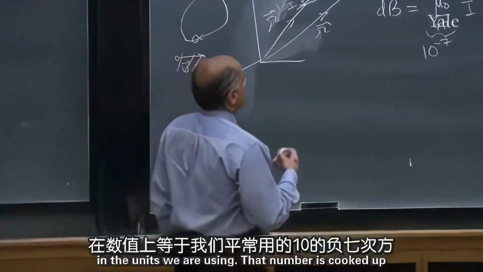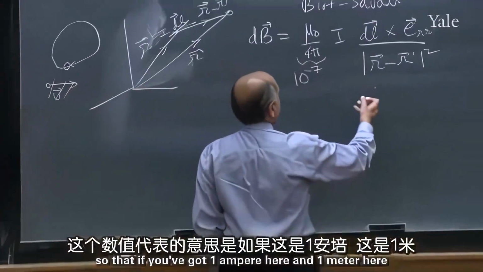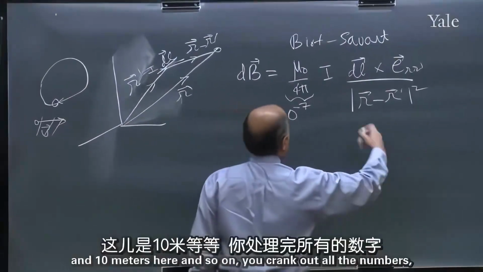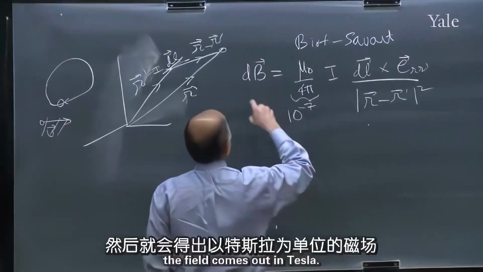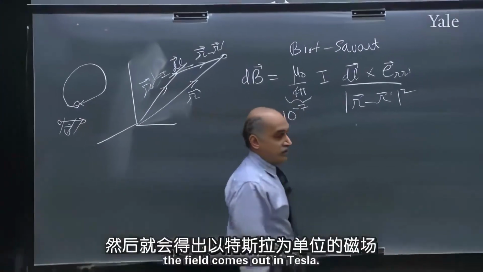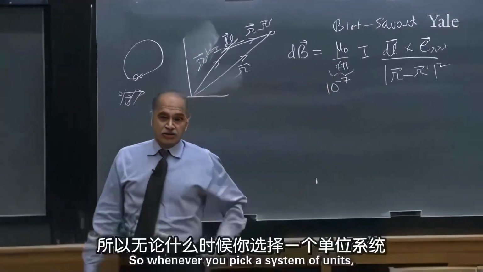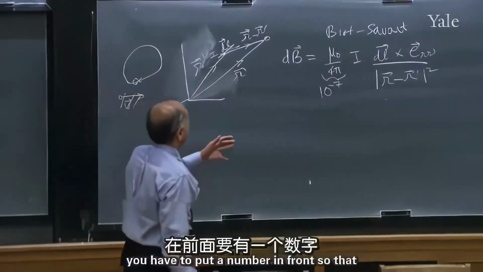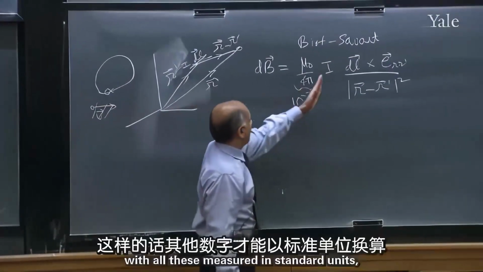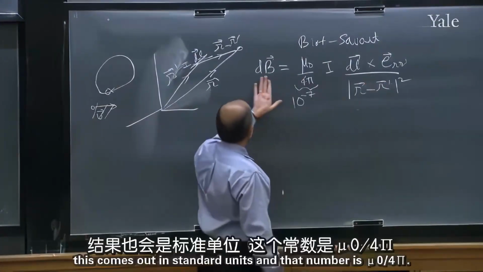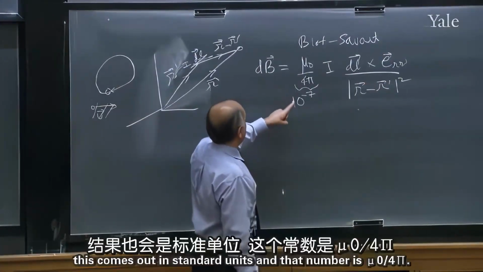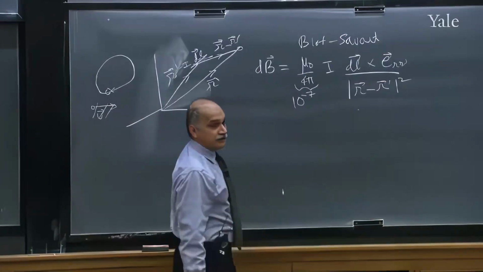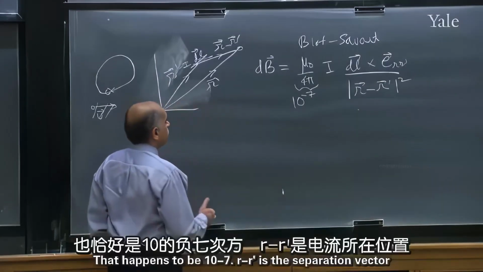That number is cooked up so that if you got 1 ampere here and 1 meter here and 10 meters here and so on, you crank out all the numbers, the field comes out in Tesla. Whenever you pick a system of units, besides all the factors that control the problem, you have to put a number in front so that with all these measured in standard units, this comes out in standard units, and that number is mu 0 over 4 pi. That happens to be 10 to the minus 7.